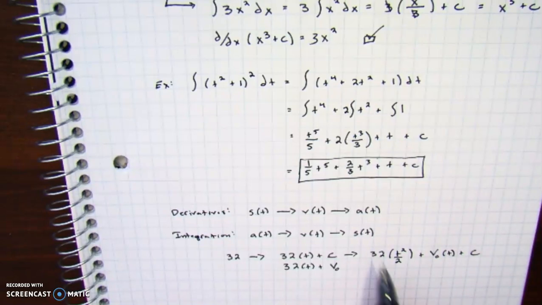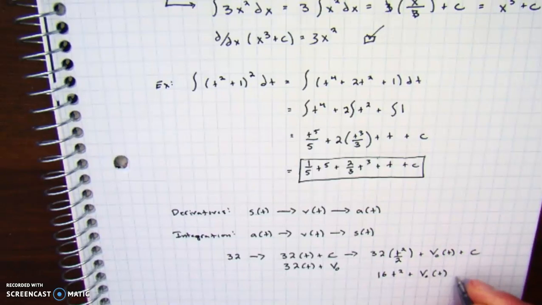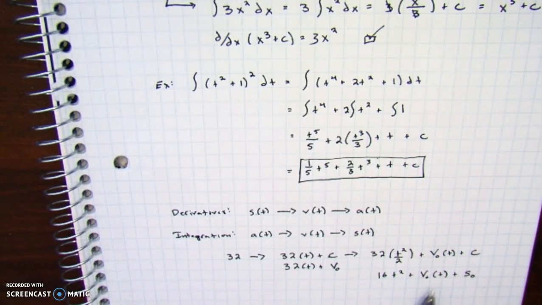Well, and then this gives me back the position. Remember the position equation was 16t squared plus v naught t plus s naught. So you can see there's a lot of applications here when it comes to physics.